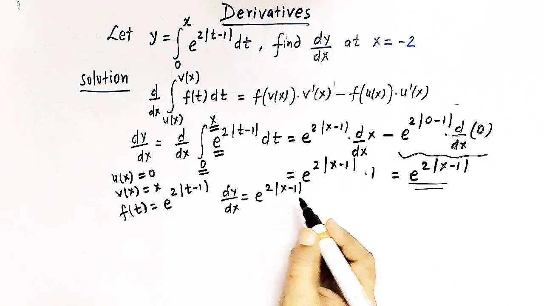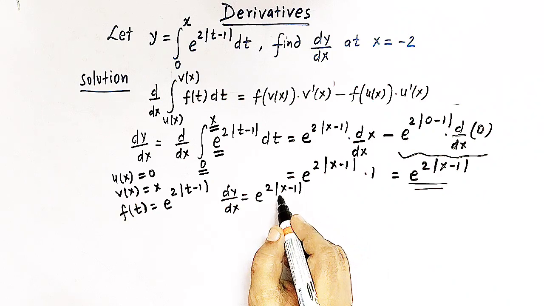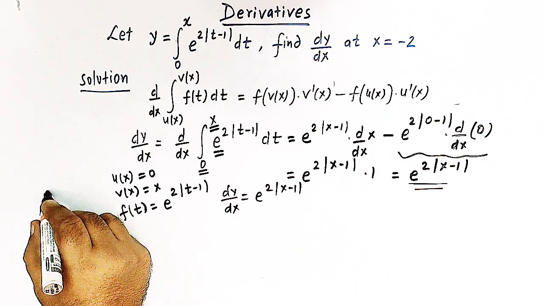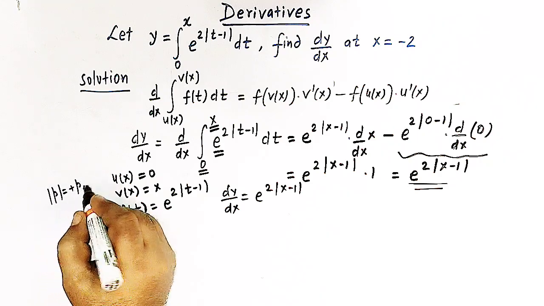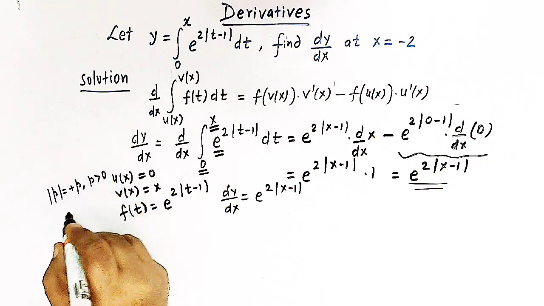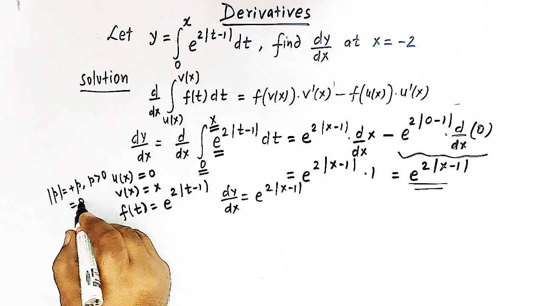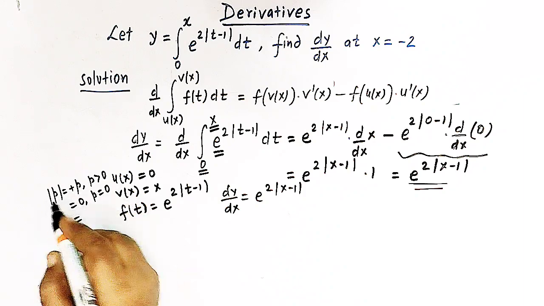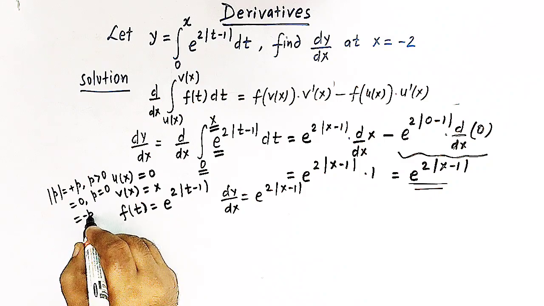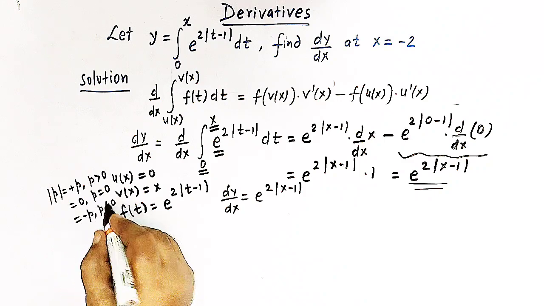Now let us apply the definition of mod function here. We know that mod of p is equal to positive p whenever p is greater than 0, mod of p is 0 when p is equal to 0, and mod of p is equal to negative p when p is less than 0.